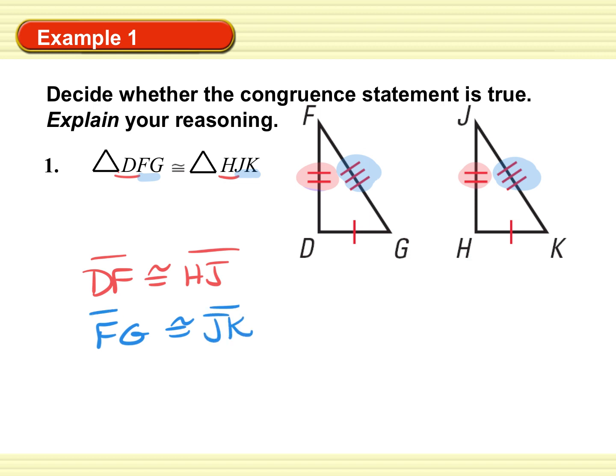And then lastly, I can go from the beginning to the end, the D to the G, and the H to the K. And then notice they also have the same congruency mark, just the single line. So then now I can state that as well, that DG is congruent to HK.